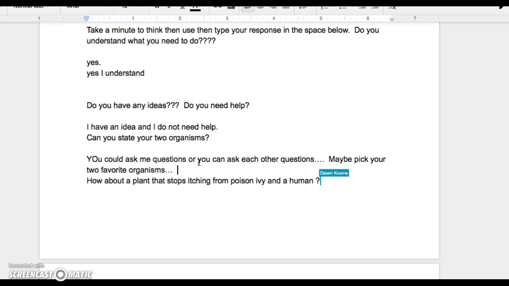And he's saying a plant that stops itching from poison ivy and a human. So I think I know Steve well enough to know that he gets poisoned.